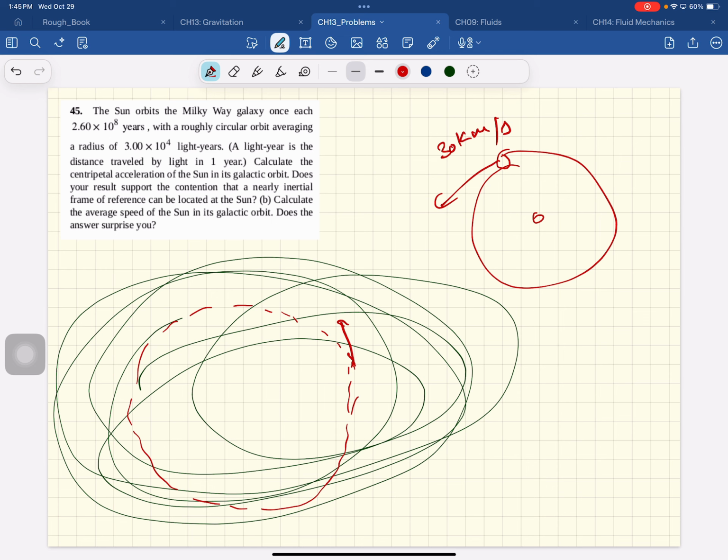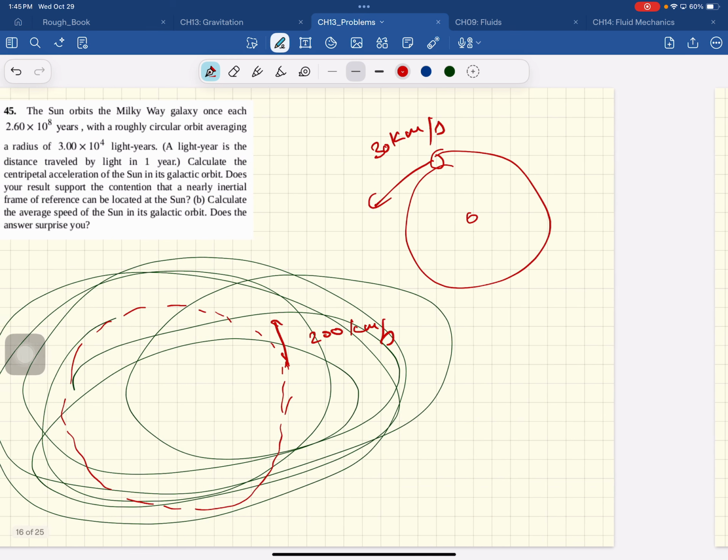And this speed, I believe, is somewhere around 200 kilometers a second, something like that. So our sun's speed is around 200 kilometers a second. The sun is carrying all the solar system, the entire solar system is moving at that speed. If you did astronomy, you'd know this kind of speed off the top of your head. So that's the problem.